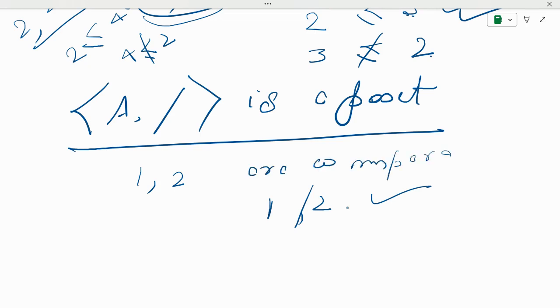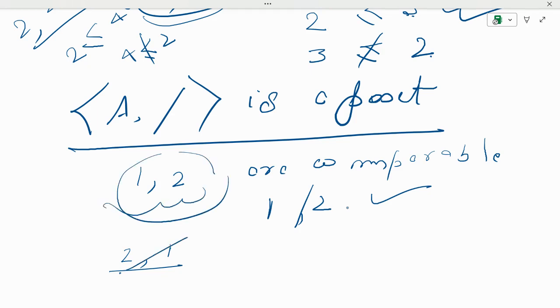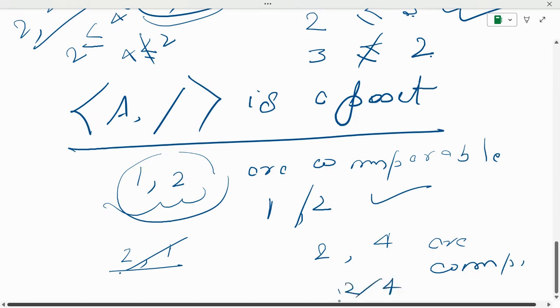If we say 2 divides 1, in this case it doesn't divide, but 1 divides 2 does. So you have to take either condition. Similarly, 2 and 4 are comparable. Why? Because 2 divides 4, although 4 doesn't divide 2, one condition is satisfied, right? So that is why 2 and 4 are comparable.